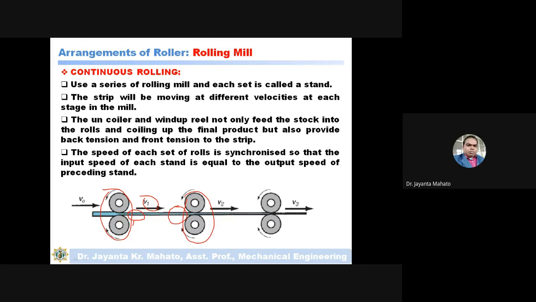If the velocity is less, there will be chances of buckling, and if the velocity is more, there will be chances of getting strain. So the output velocity from the preceding station should be the same as the input velocity of the next station. Okay.